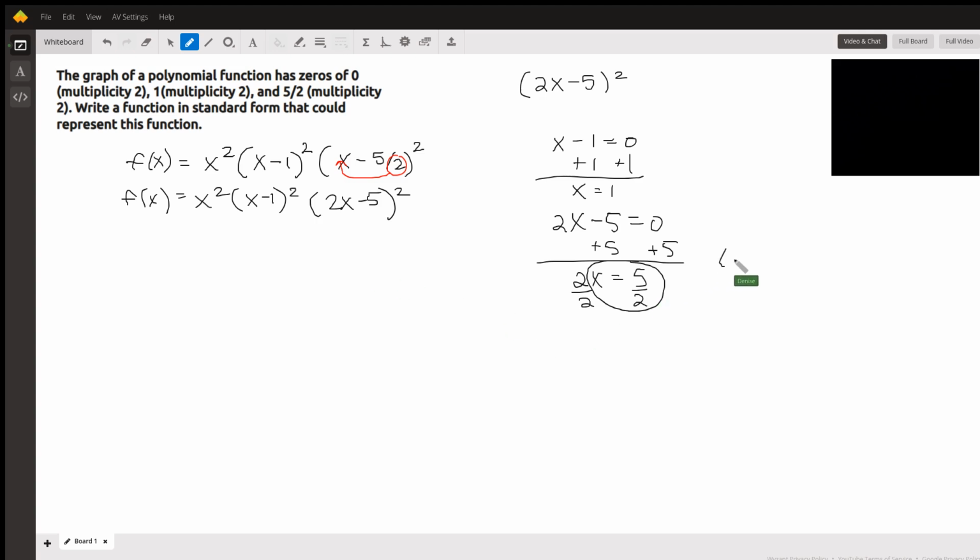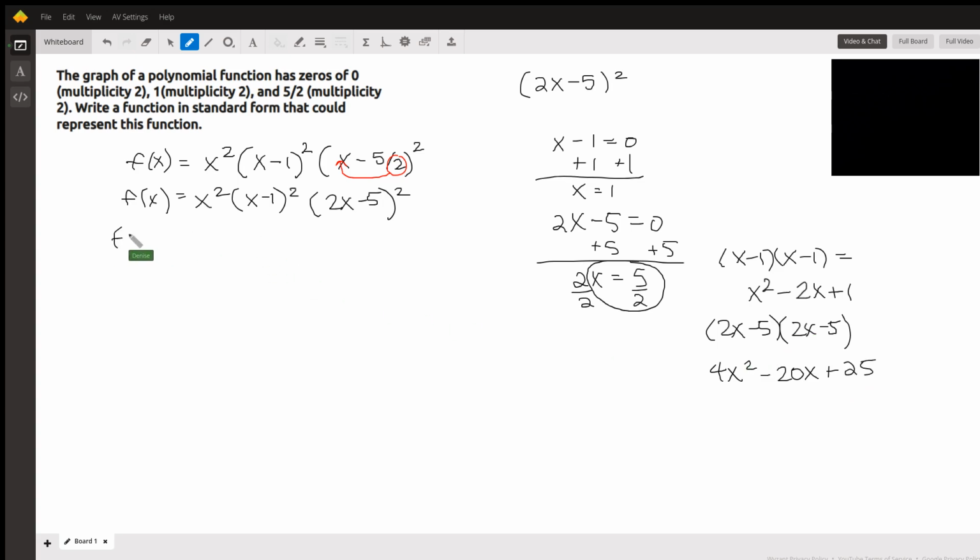So I am going to start off to the side here, x minus 1 times x minus 1, and FOIL it. That gives me x squared minus 1x minus 1x, which is minus 2x plus 1. And then if I do the same for this, FOIL it, I get 4x squared minus 10x minus 10x is minus 20x plus 25.